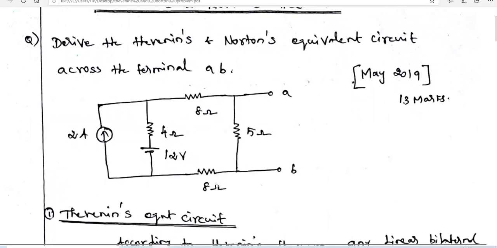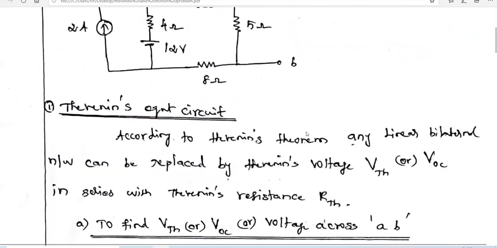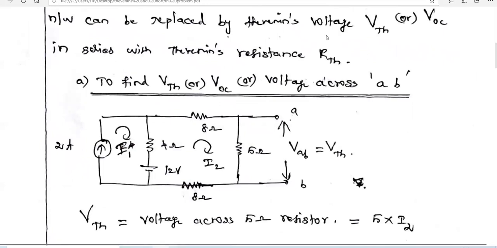Any complex circuit, with a number of voltage sources, current sources, and resistances in either series or parallel, can be replaced with one voltage source, called the Thevenin's voltage source, in series with one equivalent resistance RTH. That is the equivalent diagram of Thevenin's theorem.